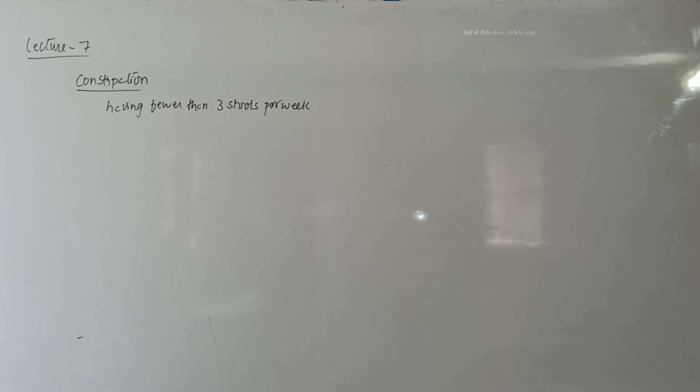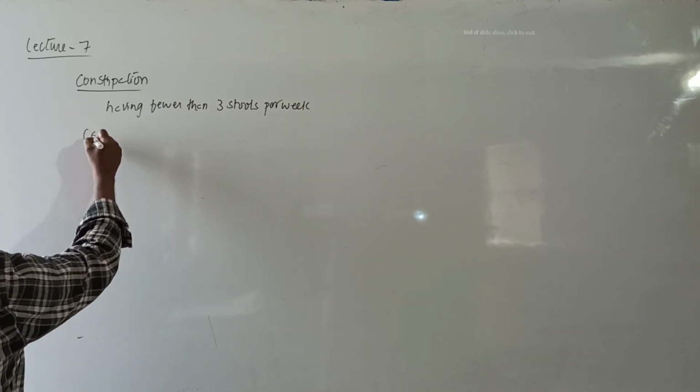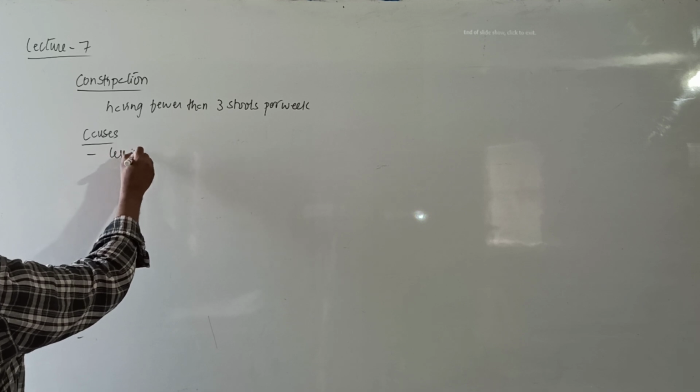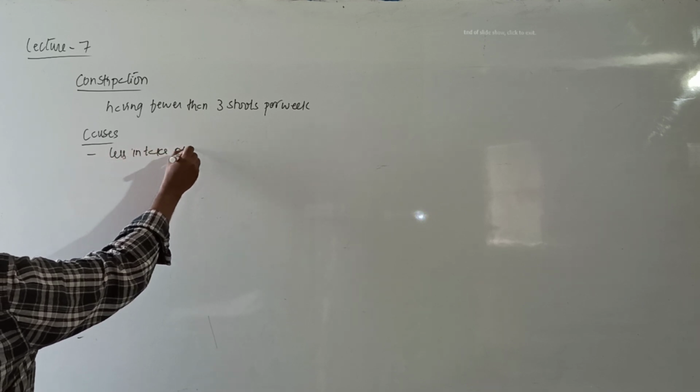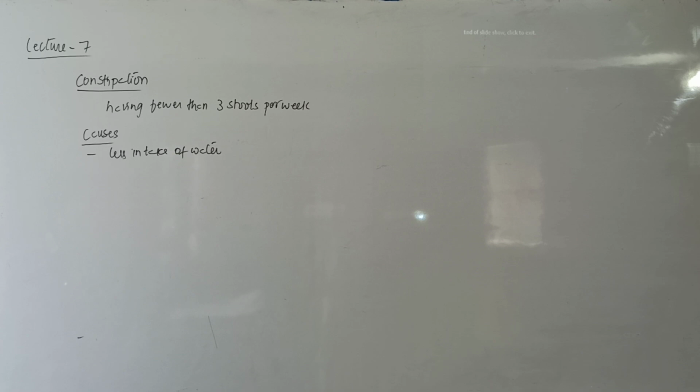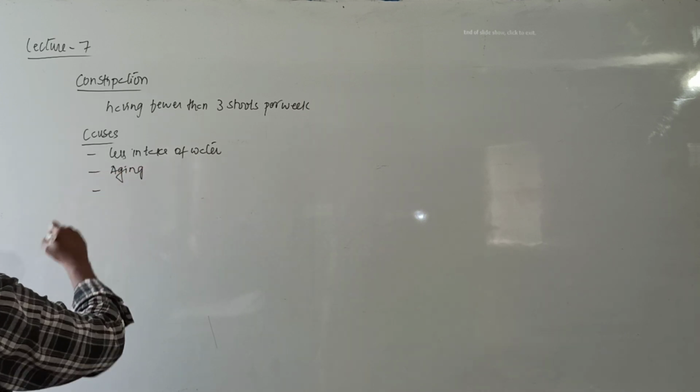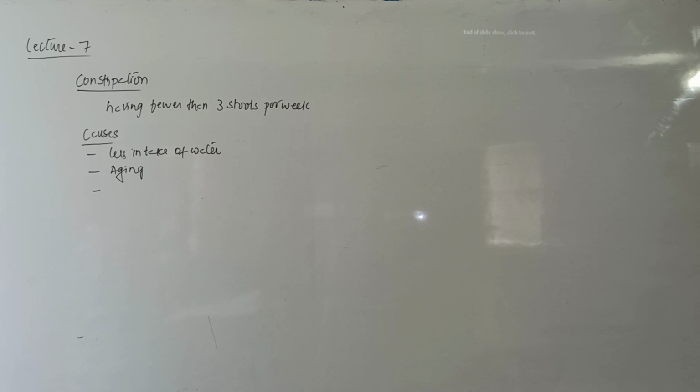So what are some causes of this constipation? The causes include less intake of water, and again that may come with aging. The peristaltic movements may get less with aging.